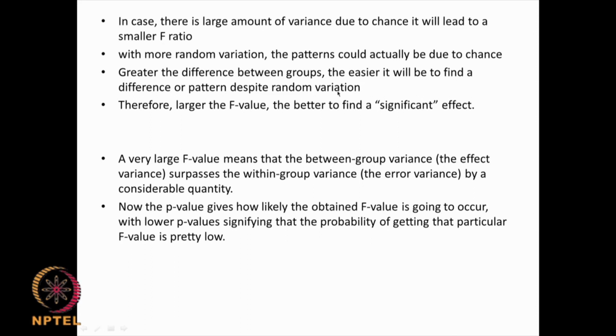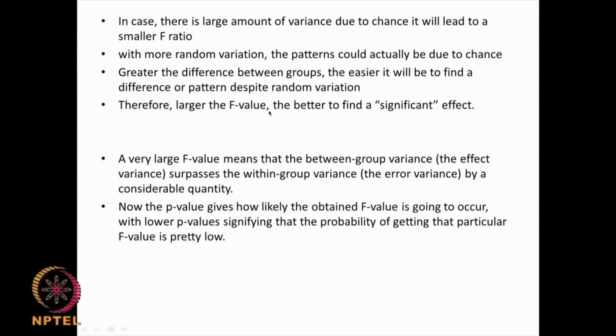But if the variation between 2 sets of samples is small and the repeatability variation is large, then I will not be able to find it, because my f ratio will come out very small.